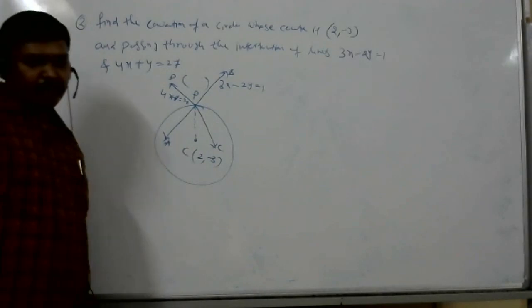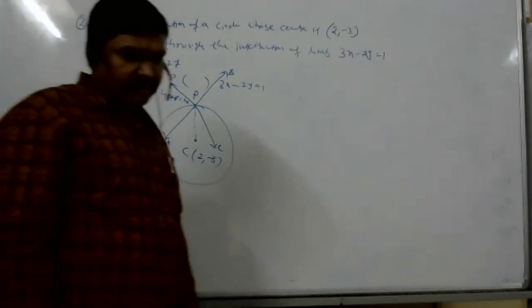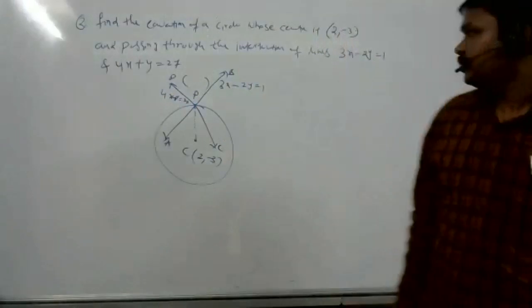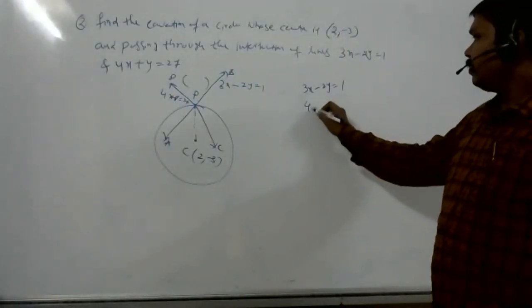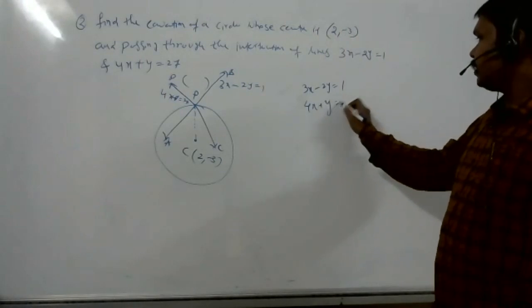How to find point P? It is the intersecting point of the two lines. Solving equations 1 and 2: 3x minus 2y is equal to 1, 4x plus y is equal to 27.